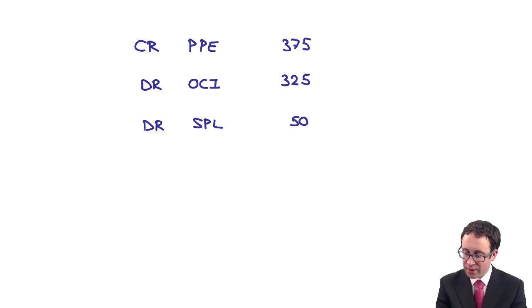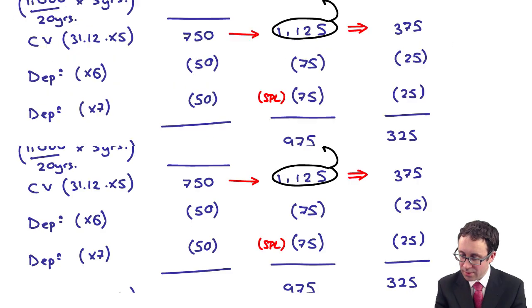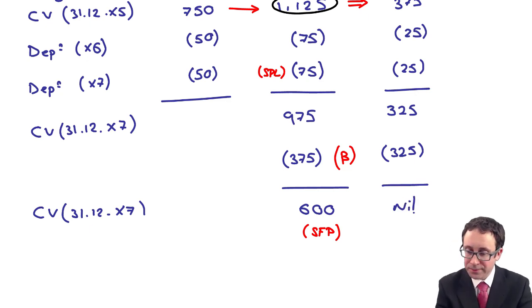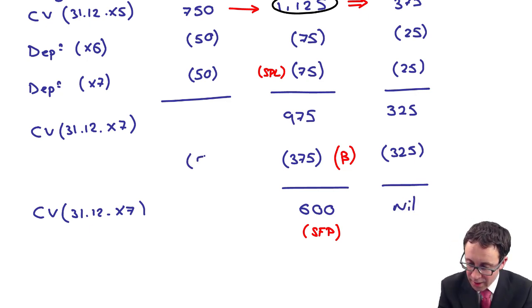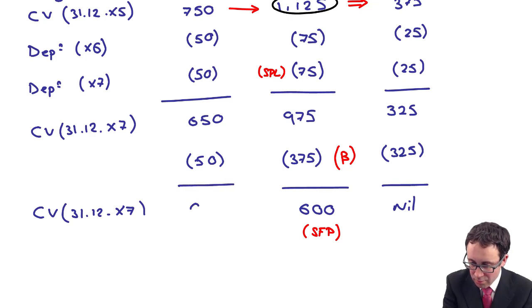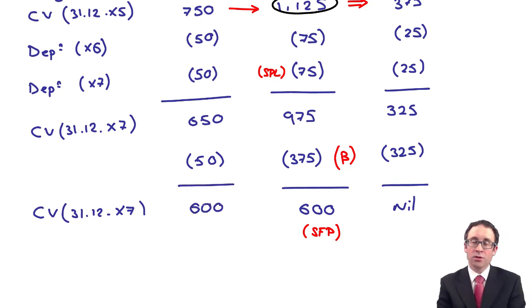So what we've effectively done is that we've taken 325 out of the surplus to bring that down to nil. And then this is where I find it's quite clever, the other 50 takes the asset, if it wouldn't have been revalued, from the 650 down to the 600.